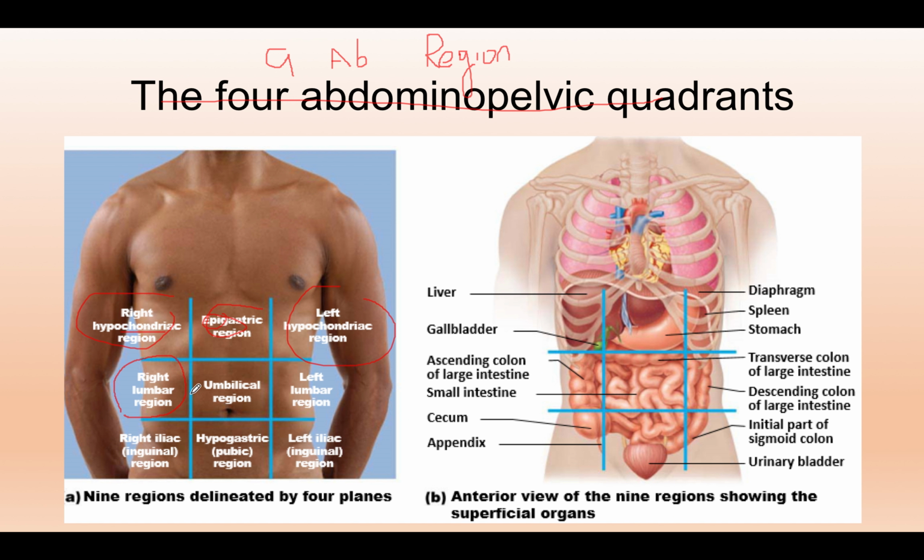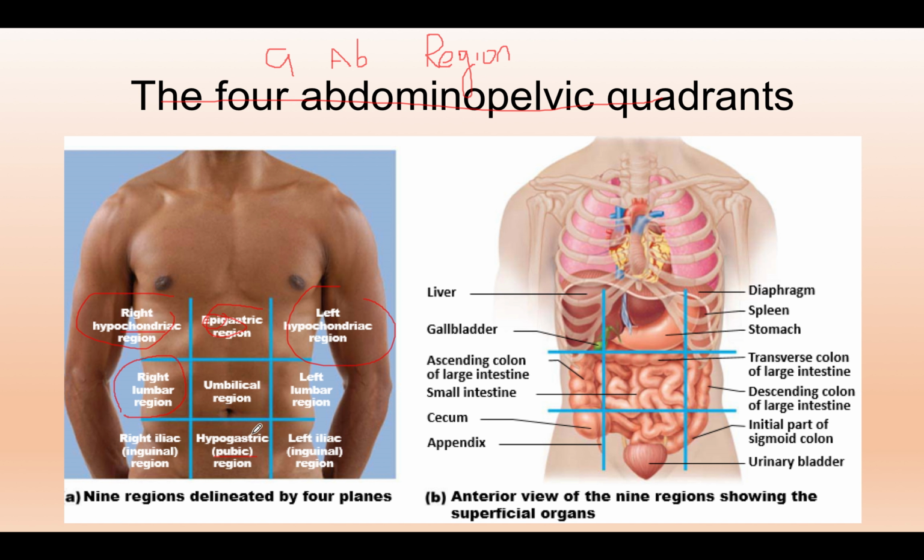Everybody knows what umbilical is, so I'm not going to describe it. You can see the region for the umbilical cord. You have right and left iliac because there is a bone underneath it called the ilium. So that's where the name iliac comes from. And hypo again means below, so hypogastric means below the stomach. This region is also referred to as the pubic region.